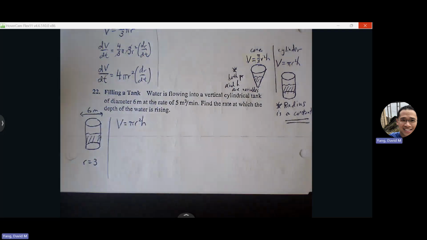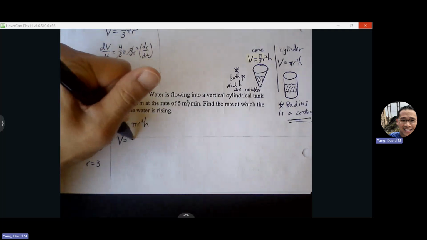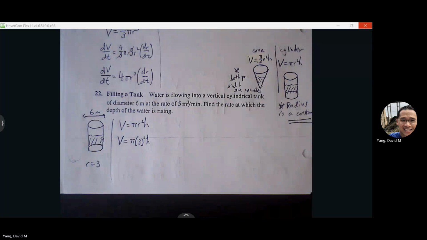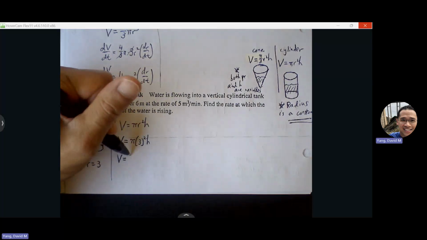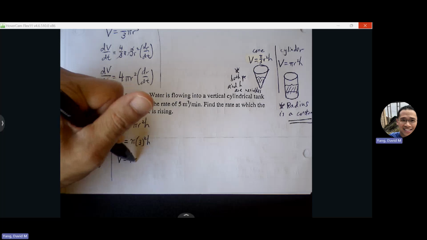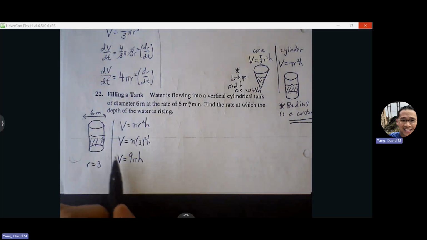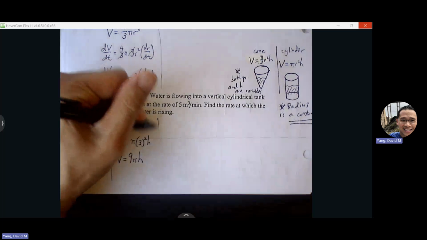As soon as you know what the radius is, go ahead and get rid of it. There's no need to hold on to that variable. The nice thing about cylinders is that as soon as you make that substitution, you're ready to find the derivative. There is no need to do any proportions, any of the steps that we did for cones. The derivative should be ready to go.